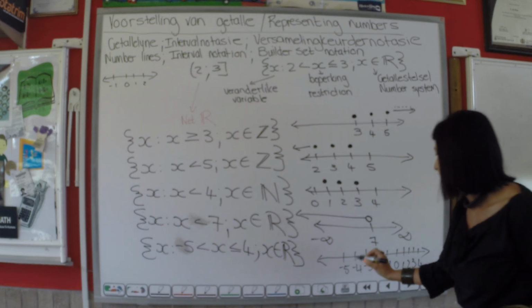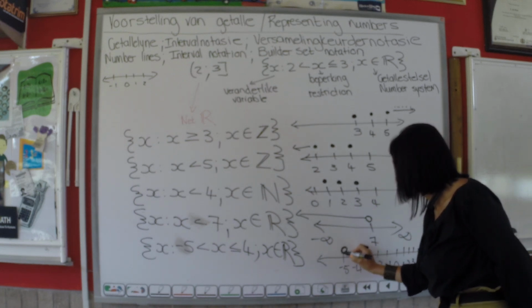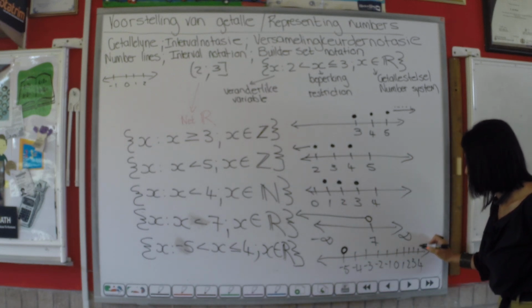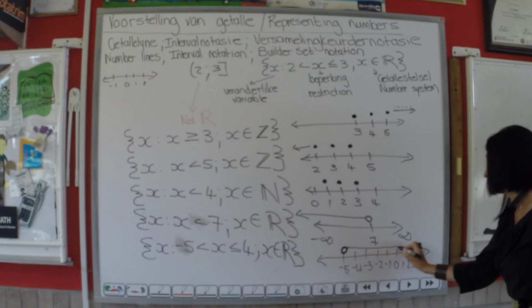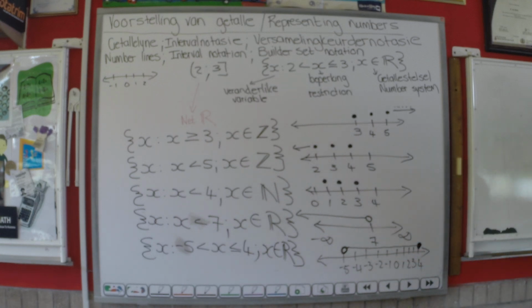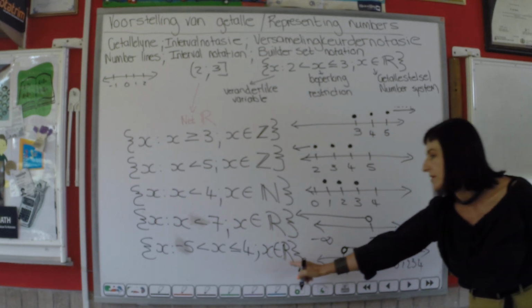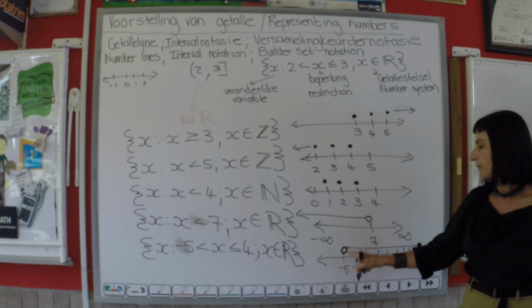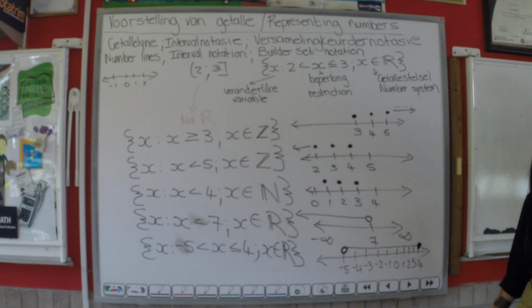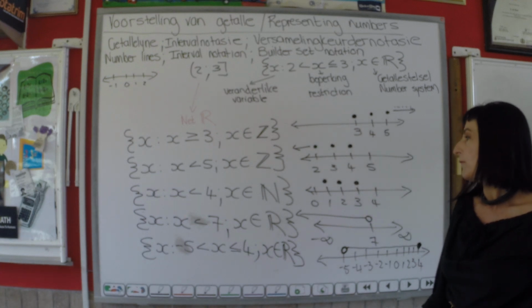En ons sien, -5 is uitgesluit, ook polletjie. 4 is ingesluit, ingekleurde polletjie. En dan het ons al die getalle tussenin, so I'm drawing a line because it's all the real numbers that exist, all the thousands, millions of numbers that exist, from after -5 up to exactly on 4.